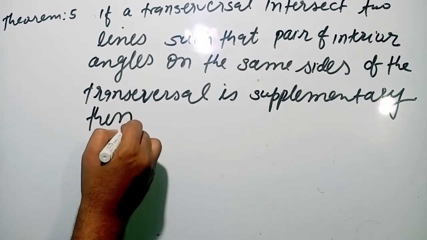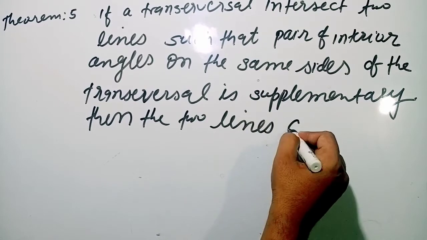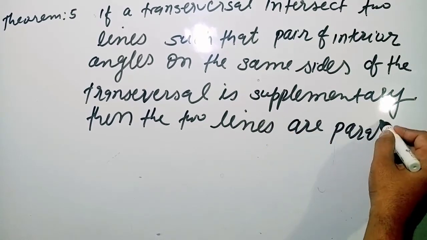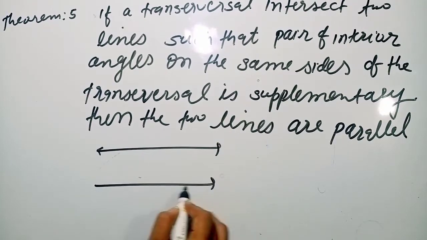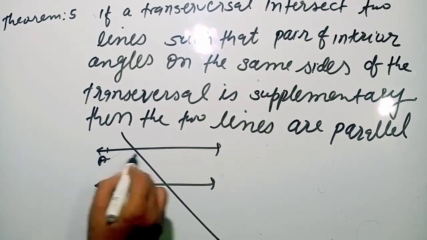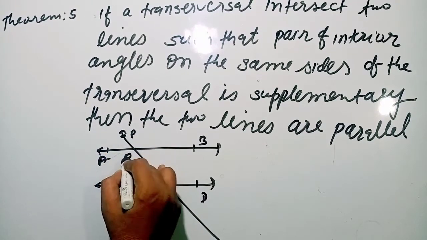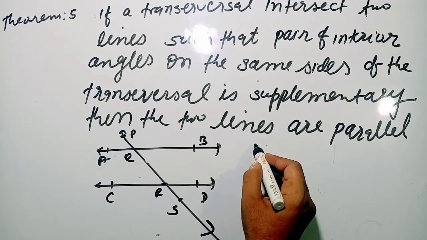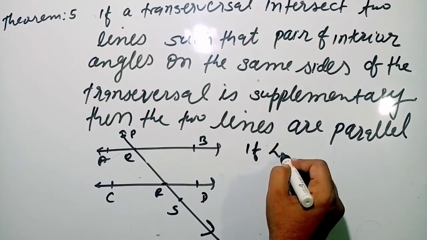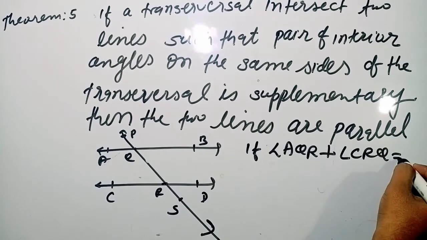It means this is just opposite to theorem number 4, right? But we have to prove that those two lines will be parallel. Here AB and CD, we don't know whether they are parallel, but a transversal P meets them at Q and R. Here it is given that angle AQR plus angle CRQ is 180.